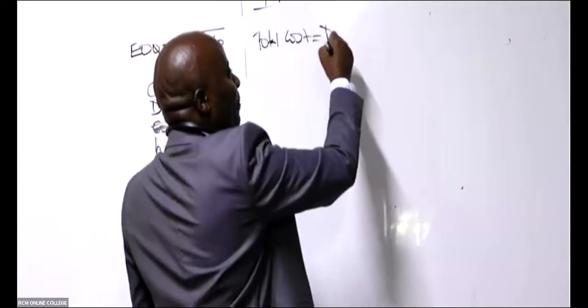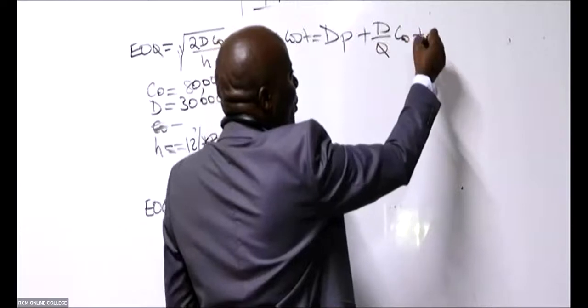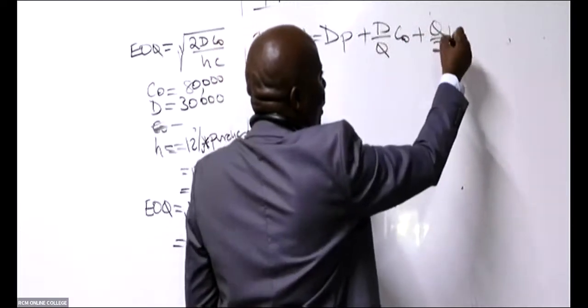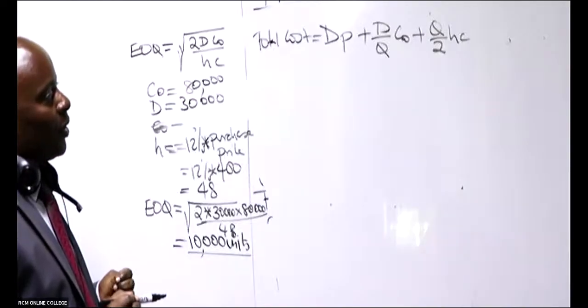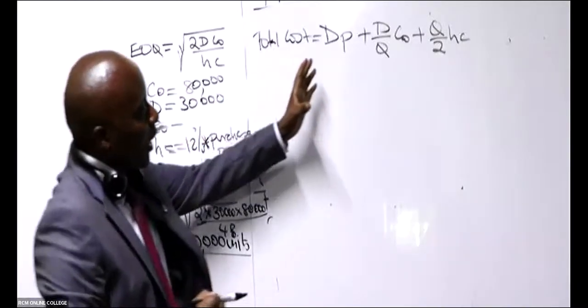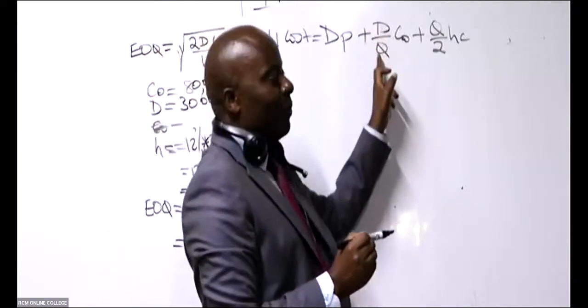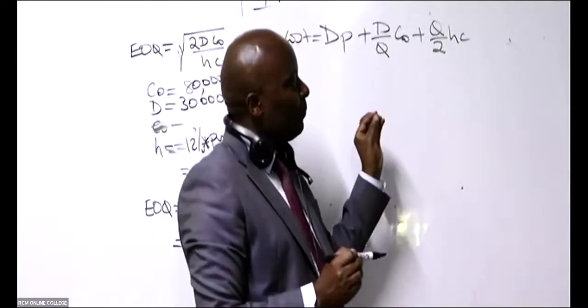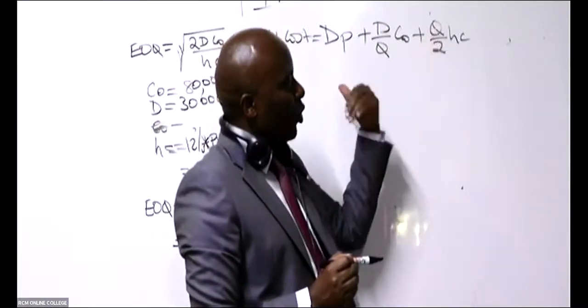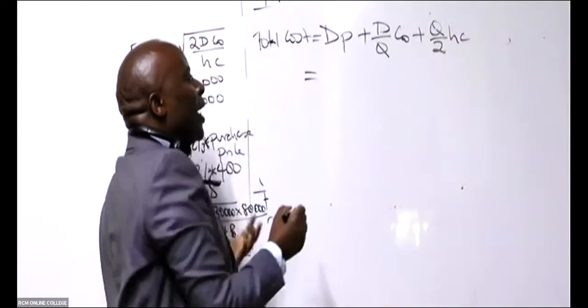So you take DP plus D over Q times CO plus Q over 2 times HC. Total cost equals annual demand times price per unit, plus annual demand divided by the EOQ times the cost per order, plus the EOQ divided by 2 times HC. So in this particular case, what is the annual demand?